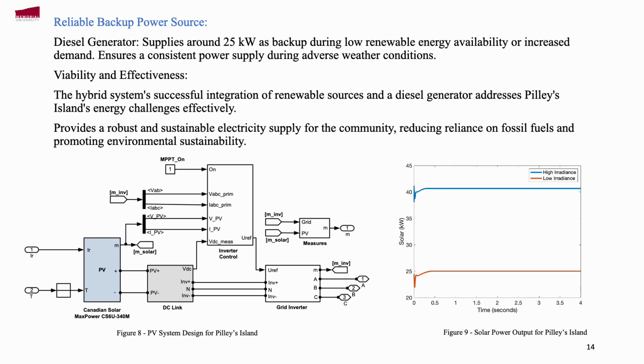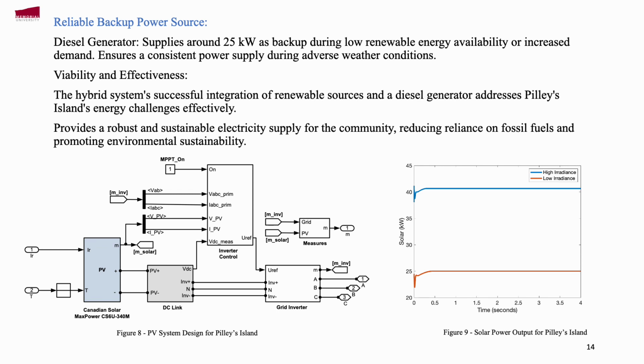The heart of the hybrid system consists of three primary energy sources. The PV array is rated at about 41 kilowatts and is equipped with a controlled and very good MPPT system.